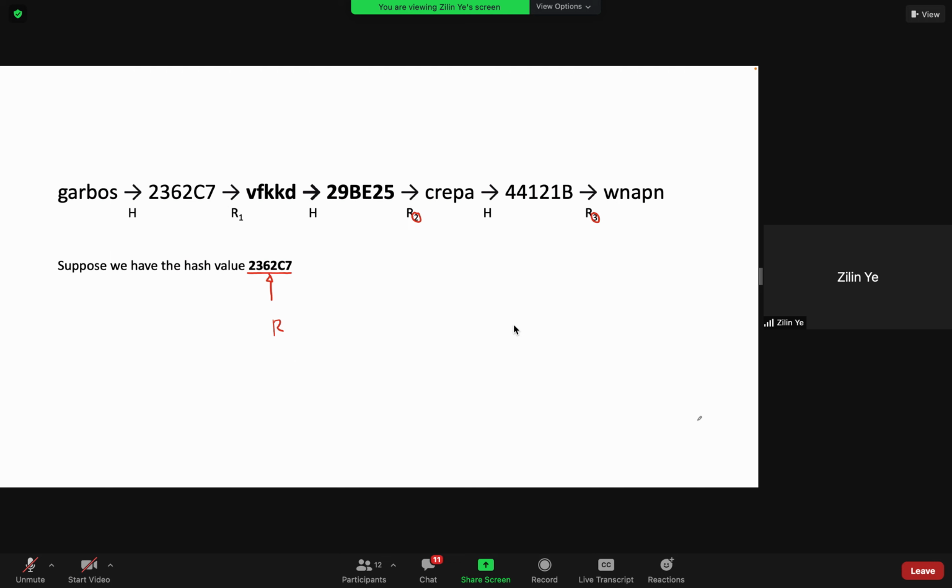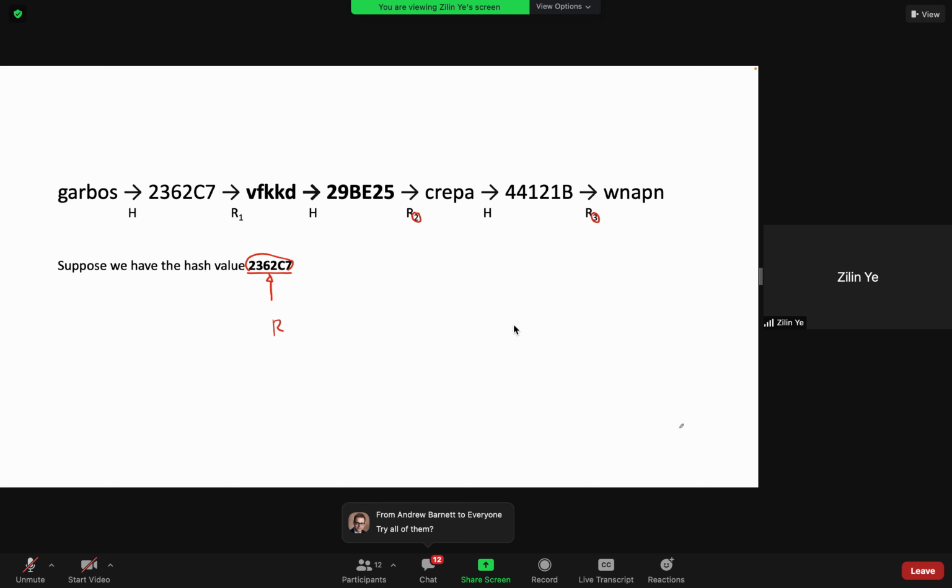So can someone tell me how do I identify which hash chain contains my hash value, and how to construct it from the beginning? Any ideas? Try all of them? Yeah, that sounds not bad, but how to try all of them?